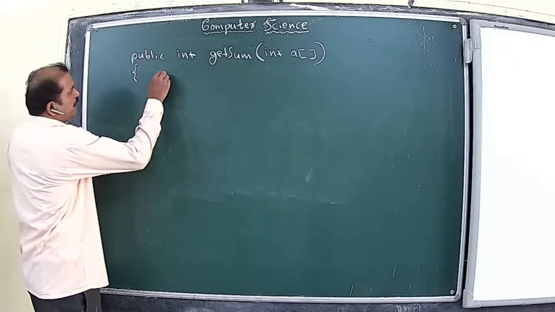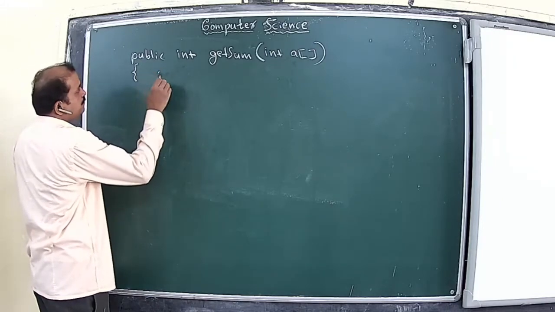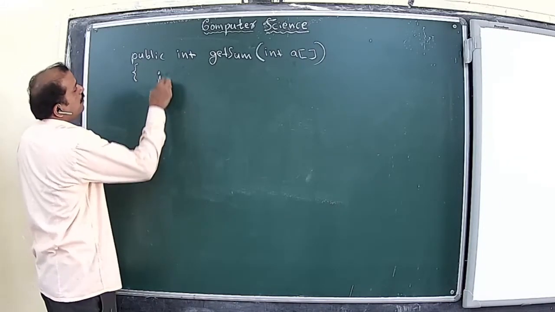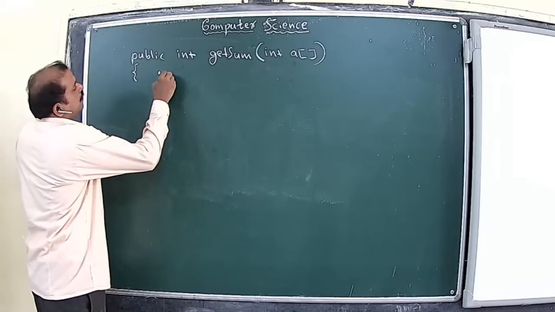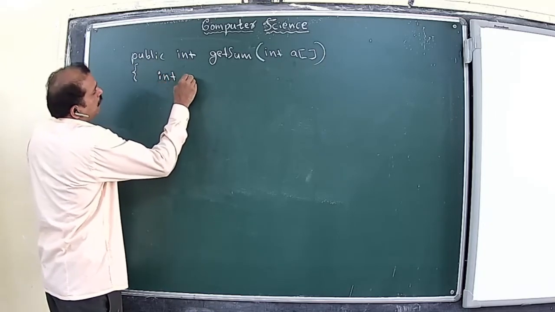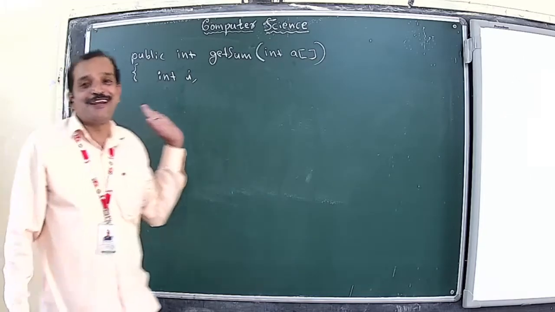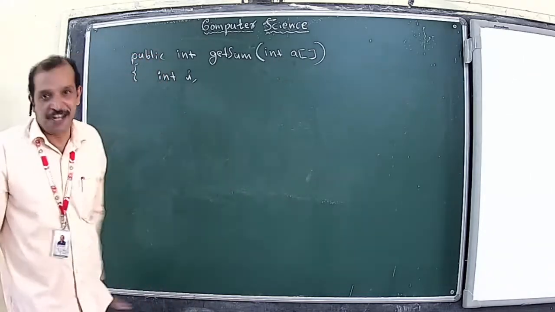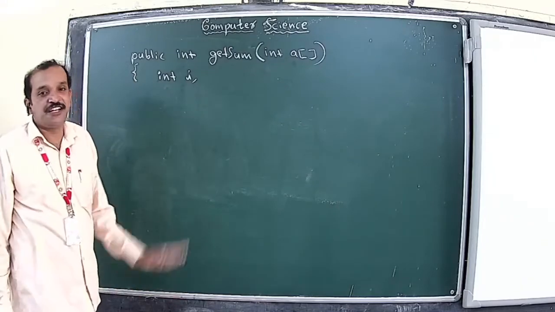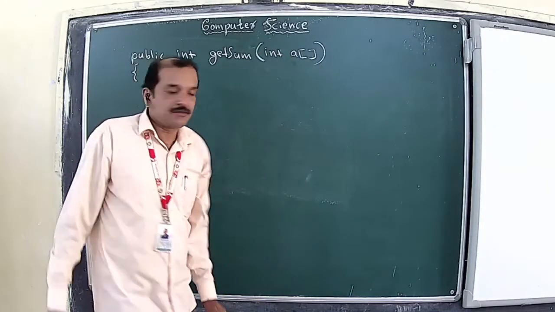The main local variables that will be required: one local variable will be needed as the loop control variable, which will iterate through the indices of the array, or through the subscript, that is from 0 to length.